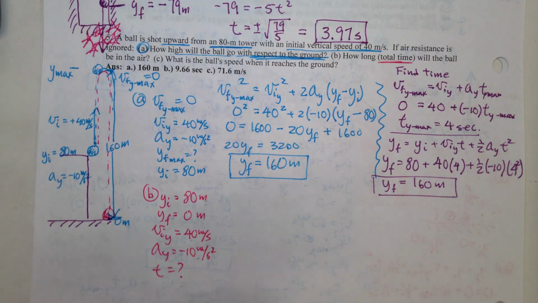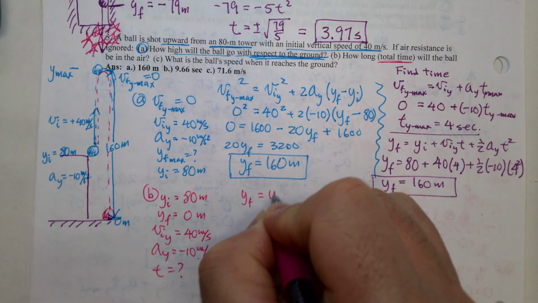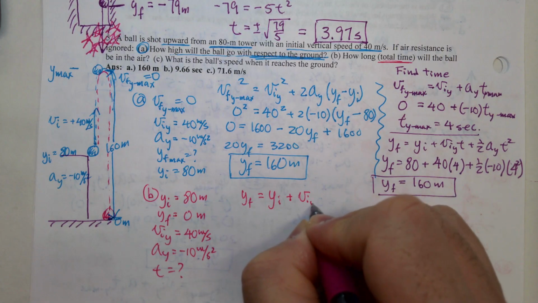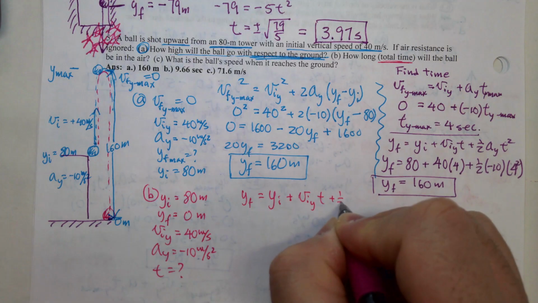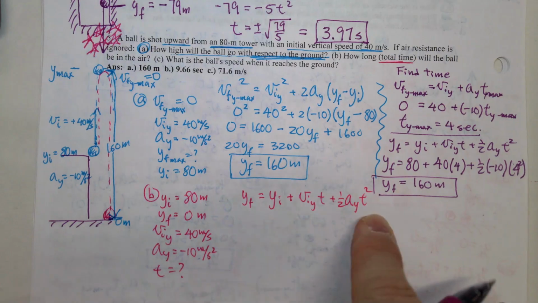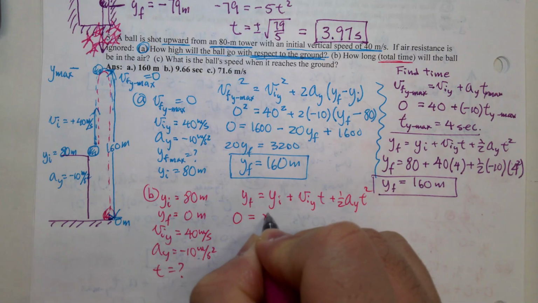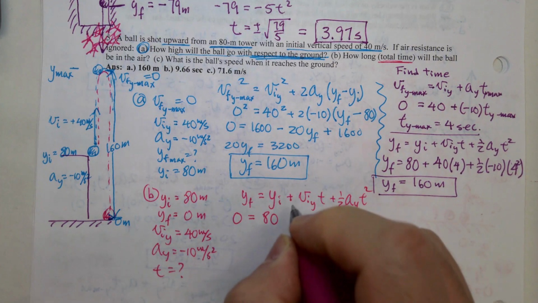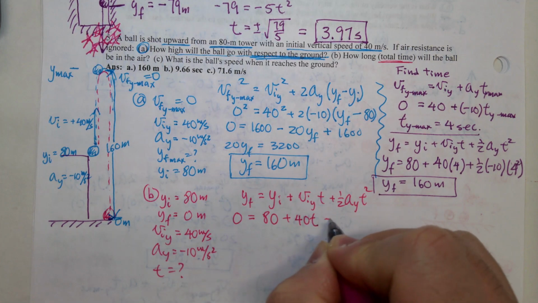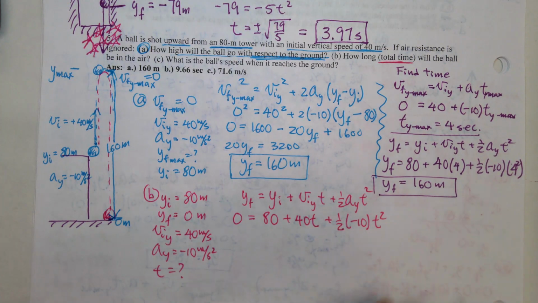If you were to use the second equation, y final is equal to y initial plus VIY t plus 1/2 a sub y t squared, plug and chug. Y final is 0, y initial is 80, VIY is 40, plus 1/2 times negative 10 times t squared.